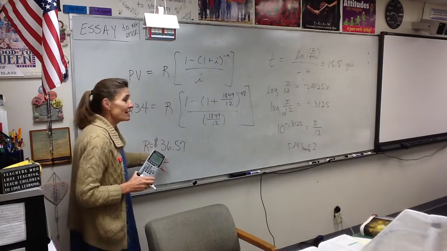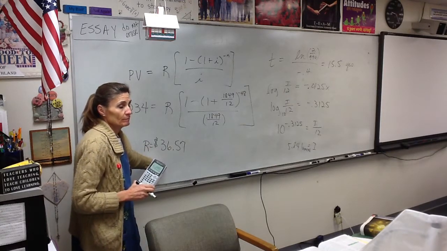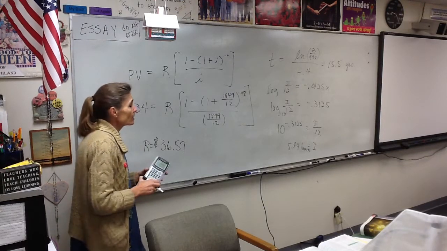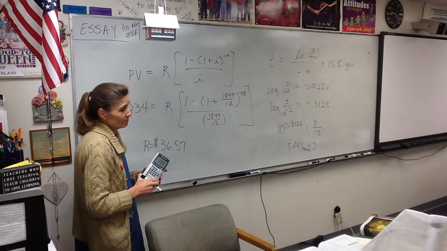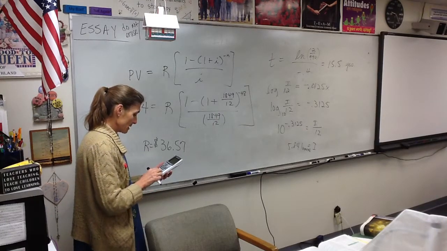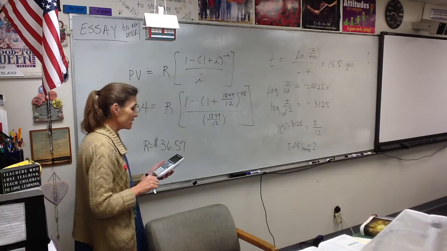Now, that doesn't seem like much, does it? Credit cards are bad things, people. Take $36.57 times 48, because that's how many payments you're making.